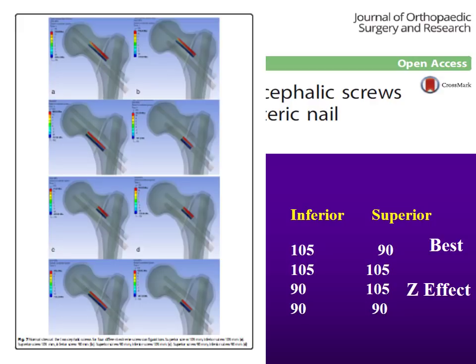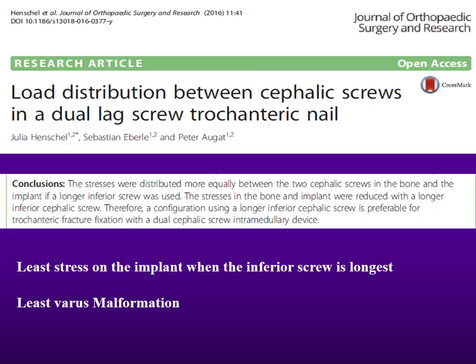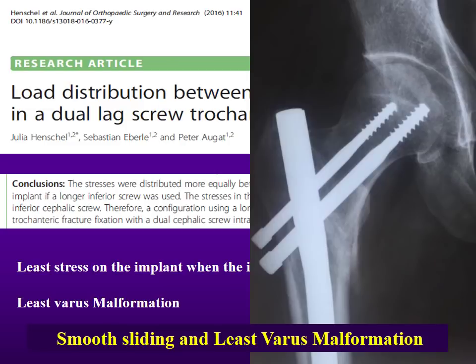And if the cervical screw is shorter and the superior screw is longer, Z effect is very, very high. That is one of the reasons why I said earlier, if the superior screw is longer, Z effect is very high. There is least stress on the implant and least varus malformation when the inferior screw is longer.